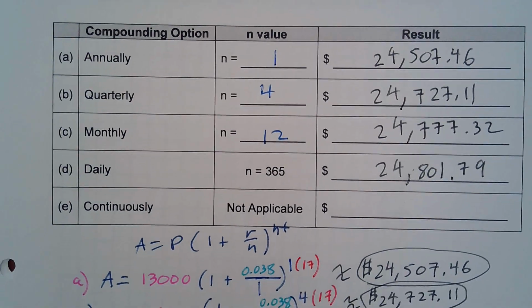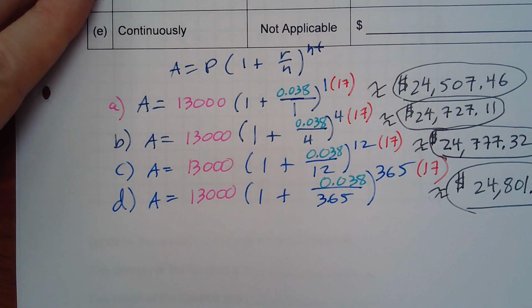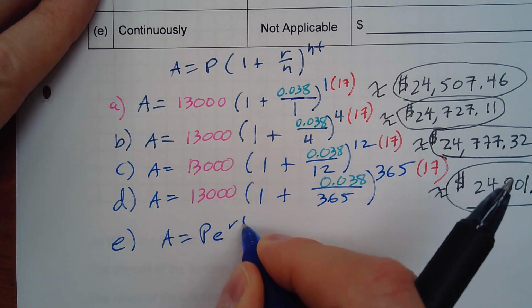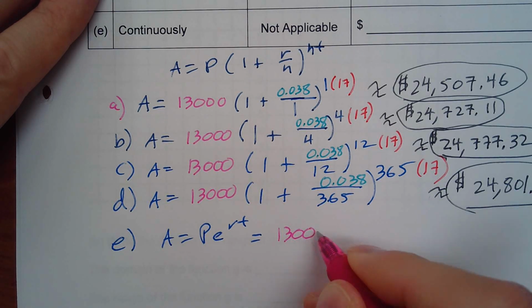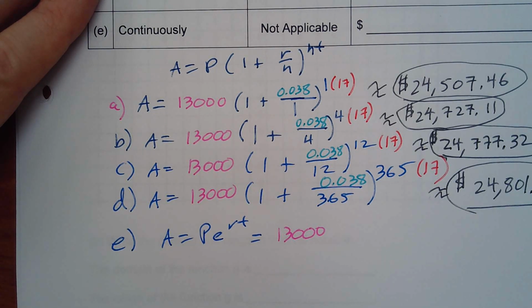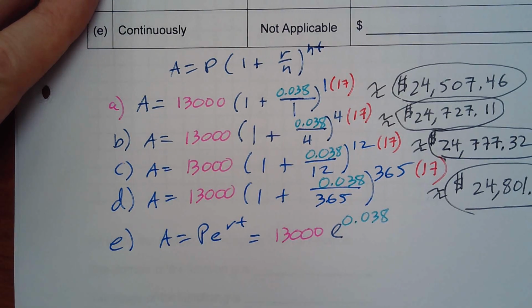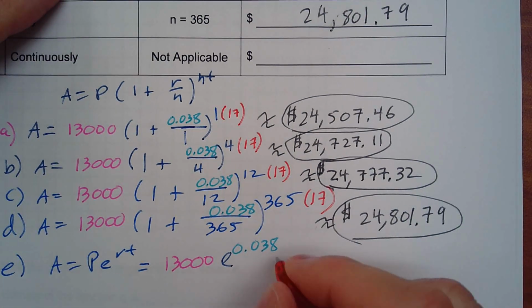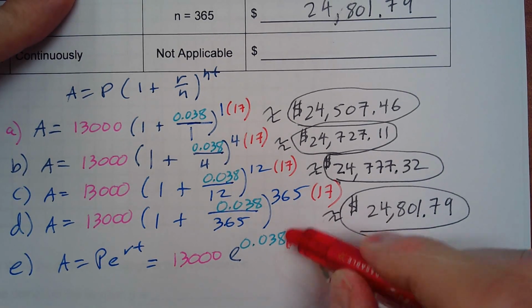All right, for this last one though, it's compounded continuously. So that's where we use the other formula. A equals P e to the rt. P is still 13,000. My r is this 0.038, and then t is 17. See if I can write that a little bit better.